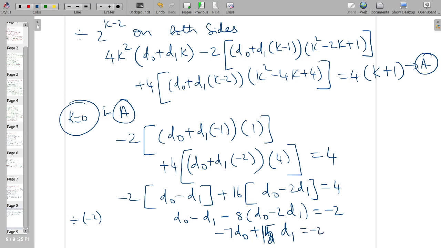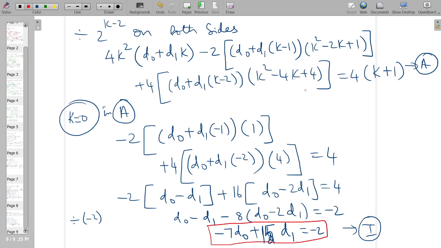This is equal to minus 2, so this will be equation 1. So I have one equation here: minus 7 d naught plus 15 d1 is equal to minus 2.